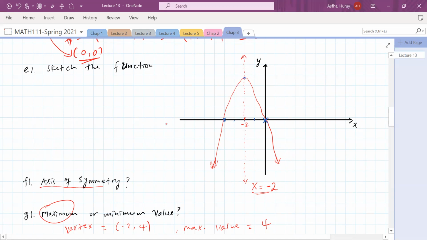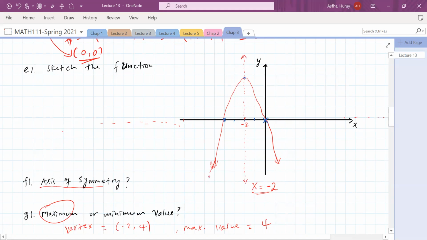As this graph goes in this direction, the x values are going to the left, and similarly on the right side.